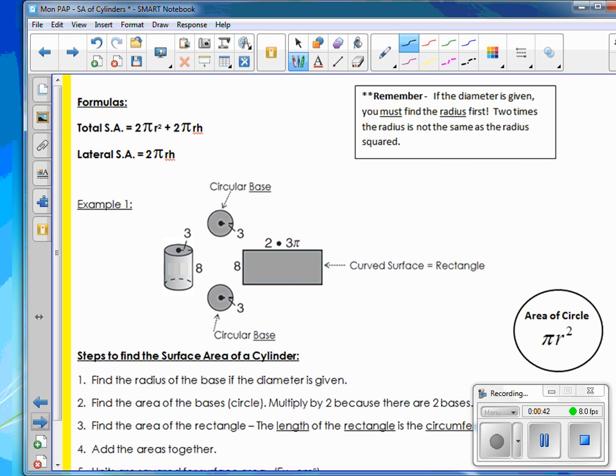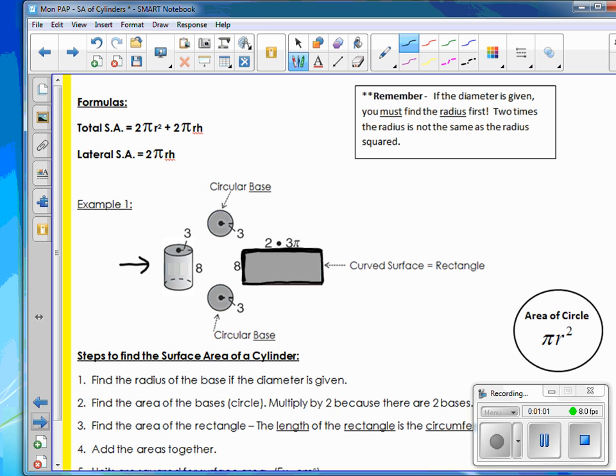So we're going to look at this example of this cylinder, and we're going to take it apart to look at its net. When you take it apart to look at its net, notice that this curved surface actually becomes a rectangle. And we know how to find the area of a rectangle because we can do length times width, or base times height.